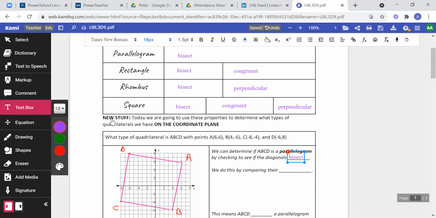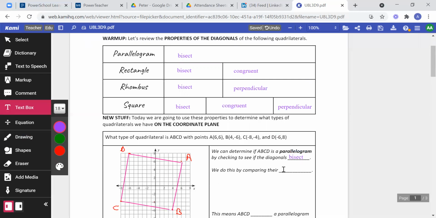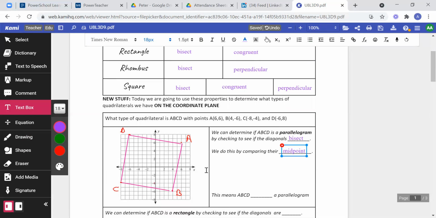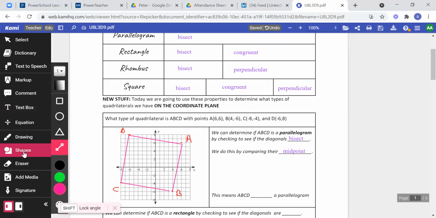So by doing that, what do we do here? We're just gonna compare the midpoints. We're gonna look for the midpoint of AC. So we're gonna trace the diagonal of, let me check drawing, okay. We're gonna look for the diagonal of AC.